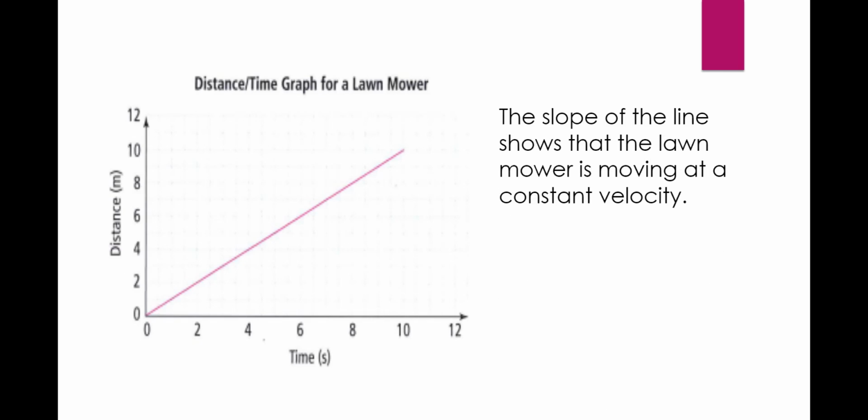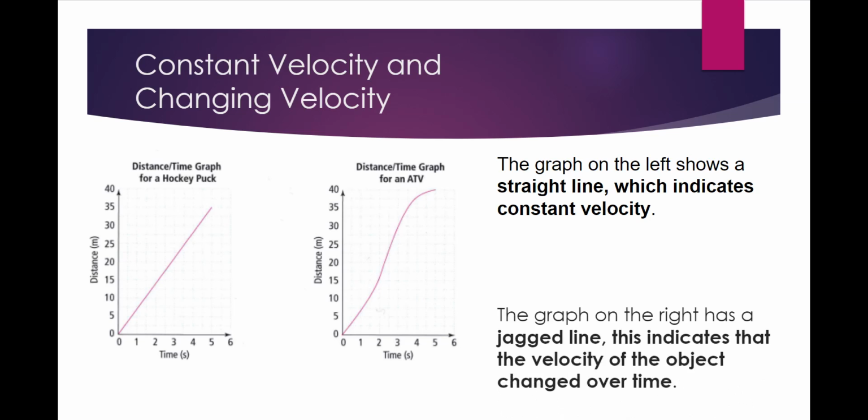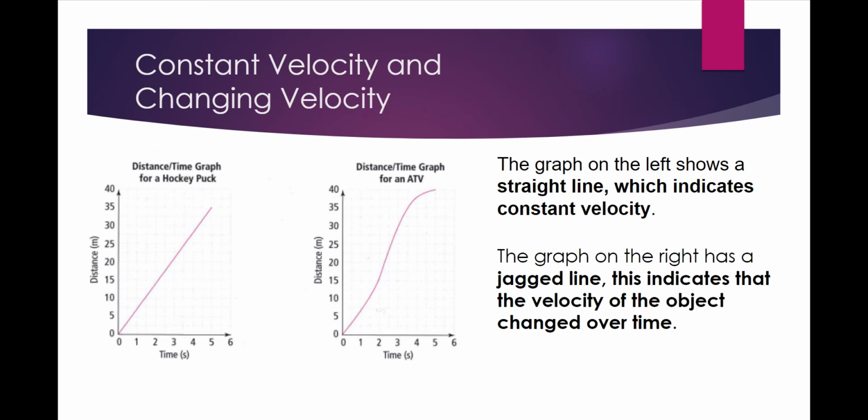The slope of the line shows that the lawnmower in this particular case is moving at a constant rate. The graph on the left shows a straight line, which indicates a constant velocity. The graph on the right has a jagged or curved line. This indicates the velocity of the object changed over time.